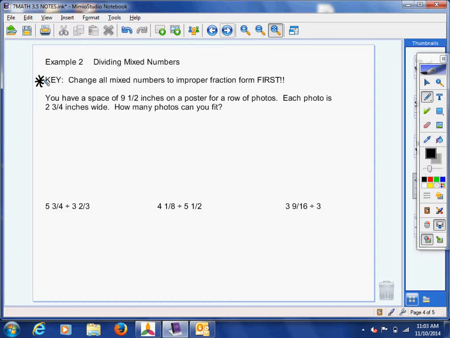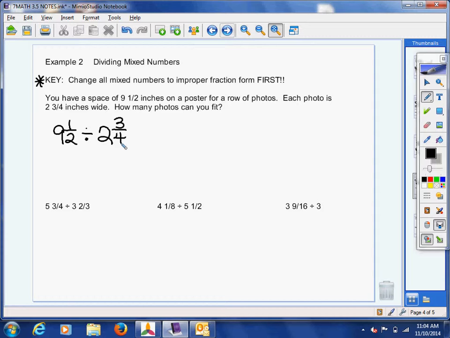That's division always. So we want to take our 9.5 and divide it into 2 3/4 inch segments. We want to figure out how many of those will fit across that width, okay?